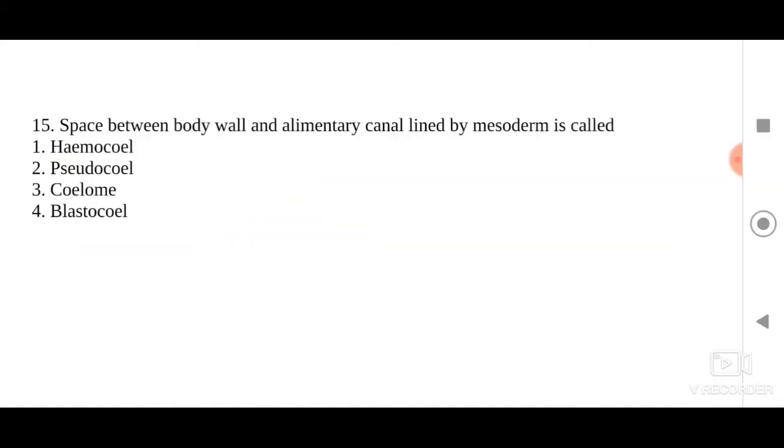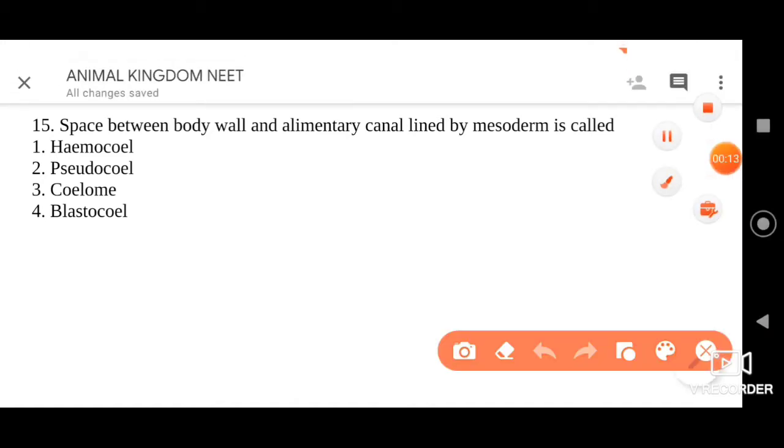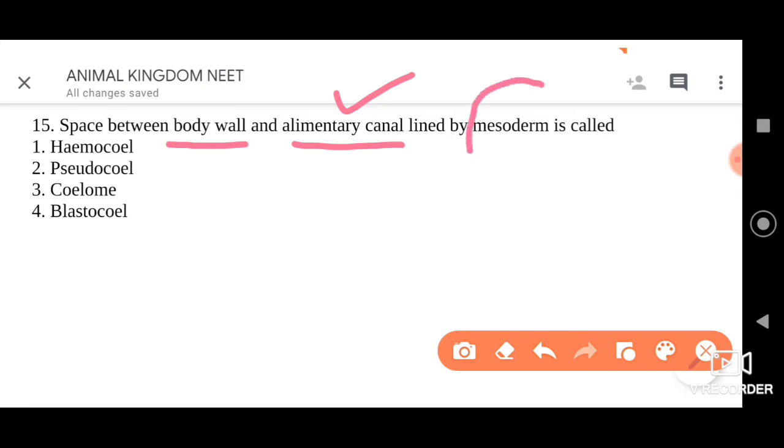Space between body wall and alimentary canal lined by mesoderm is called. Dear students, we have discussed this already, with respect to phylum or the body cavity. Let me tell you, the space which is present between the body wall of the organism and the alimentary canal, or you can also refer to it as the gut, is lined by the primary germ layer.